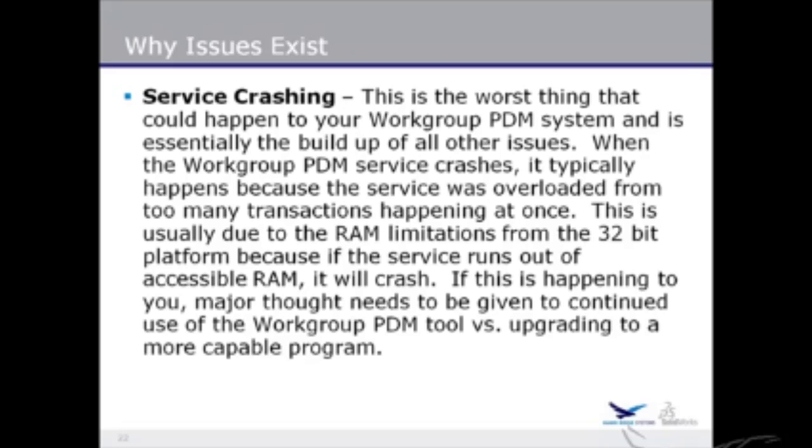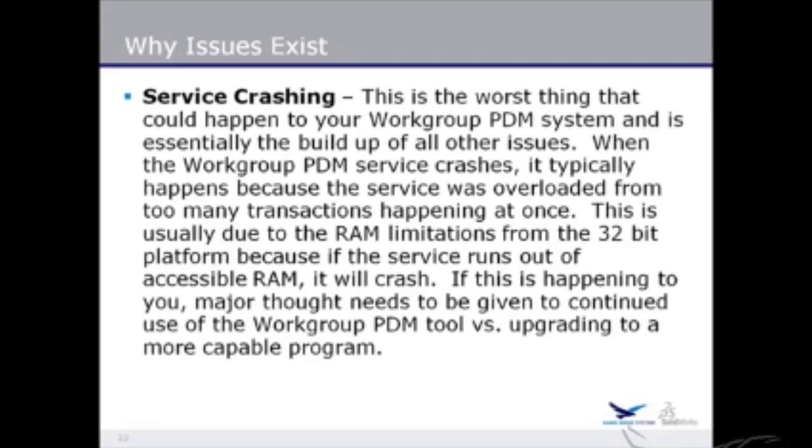Now I've got a good question here. It says, are any of the issues I've described exacerbated by working over a slow network, i.e. accessing the vault via VPN from a remote location? The answer to that question is yes. A lot of the communication between the tool has to do with clients communicating with the server.